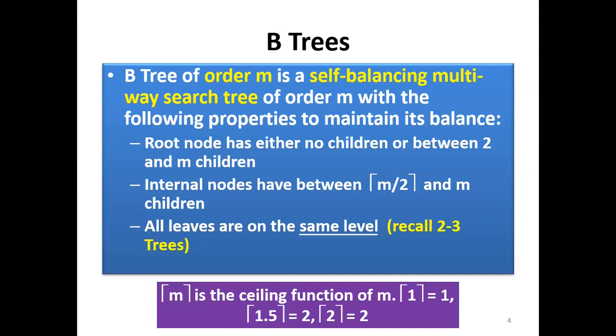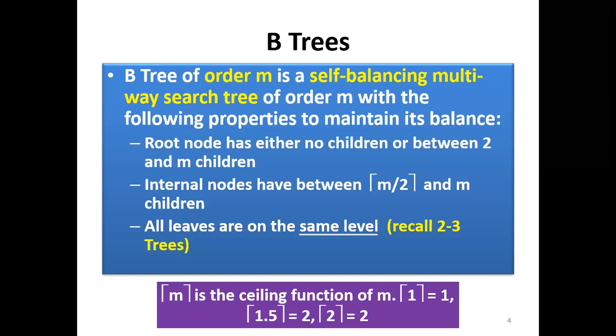And another thing about the B tree is that all the leaf nodes must be on the same level, which is similar to the 2-3 tree that we have discussed earlier. Then to use the M, which is the order, we have to use the ceiling function.